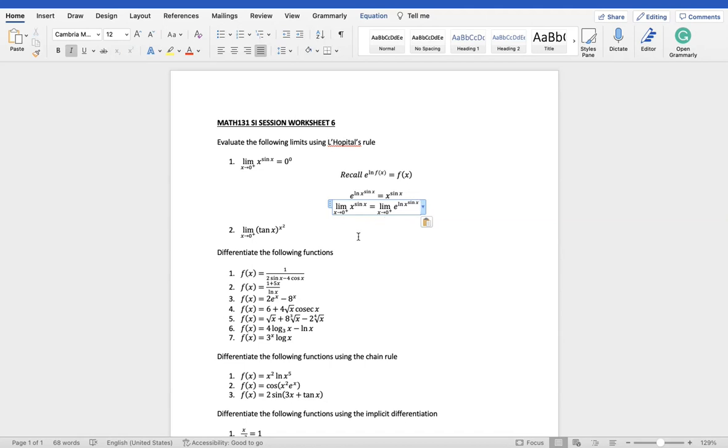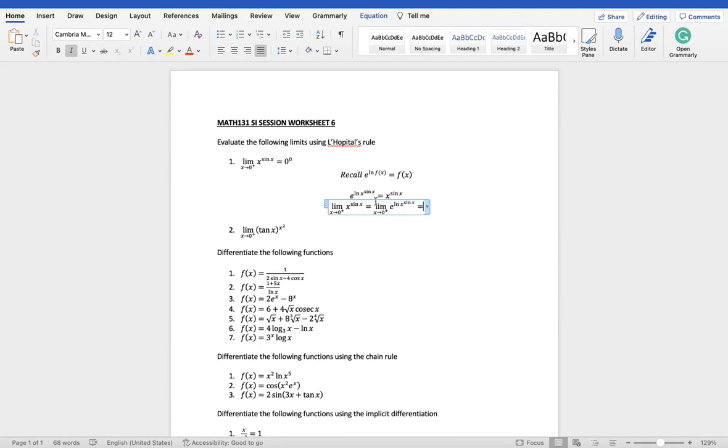That's actually a very important development, because then it helps you to manipulate this expression. Of course, you remember from your logarithmic functions that when you have ln of x to some exponent, that exponent can come out, right?